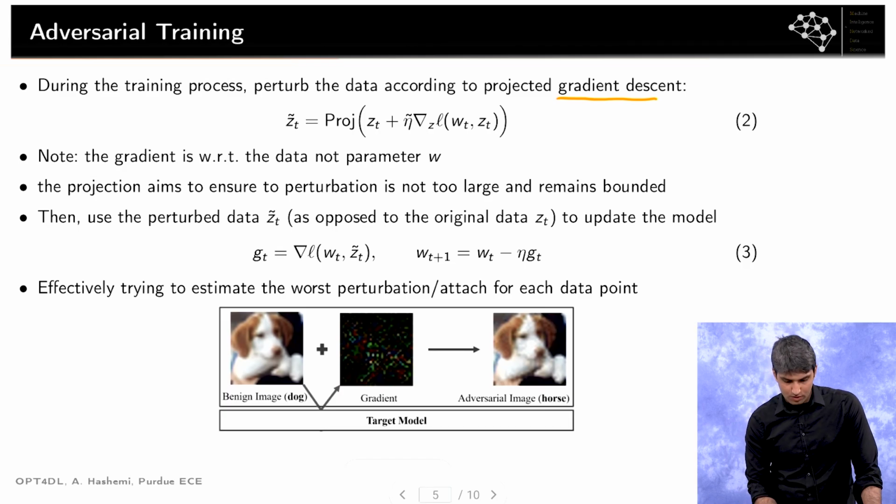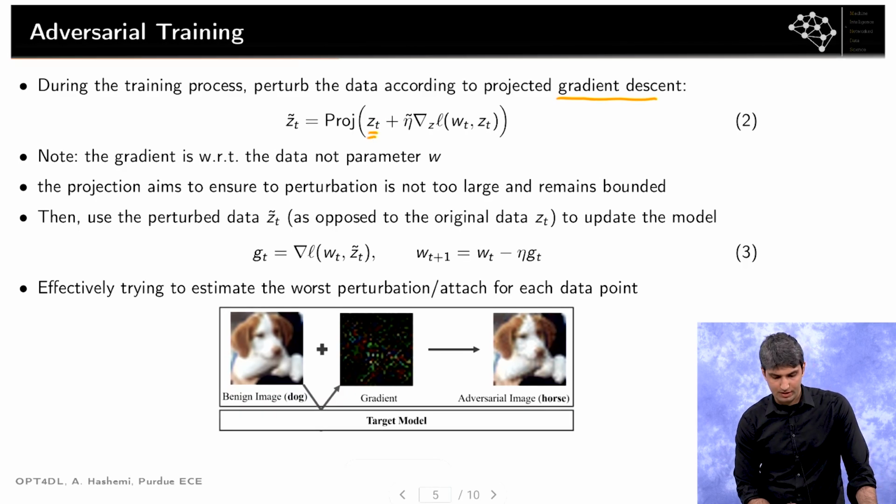Okay. So in particular, let's say that you are considering a specific image Z_t. What you're going to do is perturb it by taking the gradient of the loss evaluated at your current parameter W_t, and obviously this image. So this is the gradient of the sample loss with respect to the input, with respect to the features, not parameters, with some step size, let's say eta tilde, and then we make some projection.